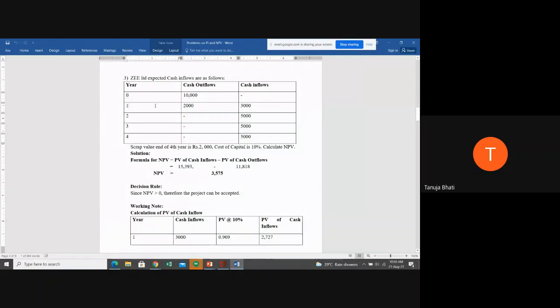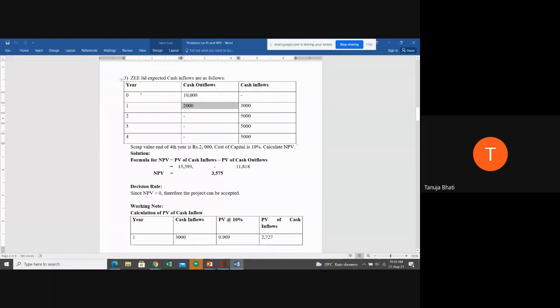Suppose this 2,000 was not here. Suppose here it was nil. Then obviously the PV of cash outflow would be 10,000 only. Always you have to get the values to year 0. Now, since this 2,000 investment is made after 1 year, you have to bring it to today's value because the formula says PV of cash outflow. 10,000 is PV, but 2,000 is the future value after 1 year.